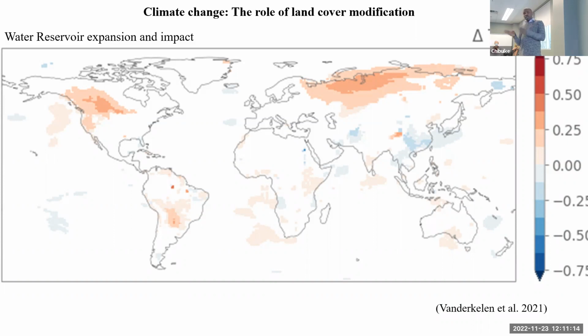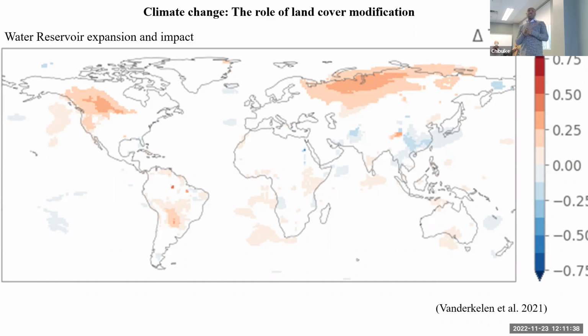These different studies have been conducted, especially in the western part of the United States, about the effect of modifying the land use into irrigated croplands, and the impact on regional and local climates. But these are more like smaller scale studies.